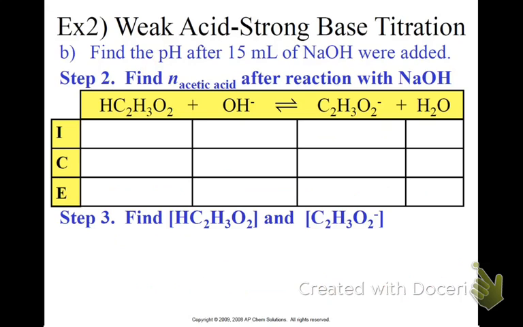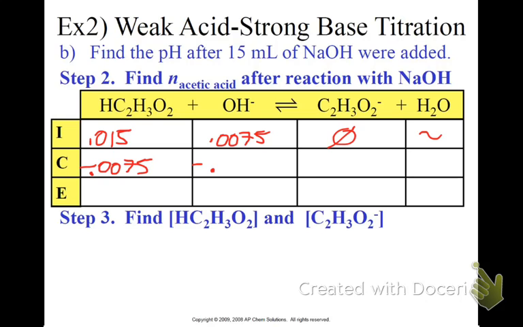So initially, we are starting with 0.015 moles of the acetic acid and 0.0075 moles of the hydroxide. So our limiting reagent is going to be the hydroxide. This is the smaller one. Both of these are starting at 0. Water we're not really concerned with because it's a liquid. This one will decrease by 0.0075.